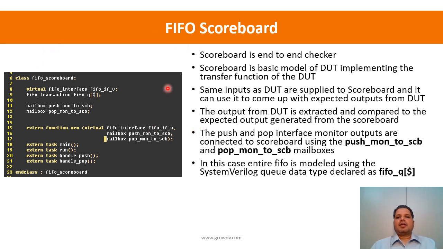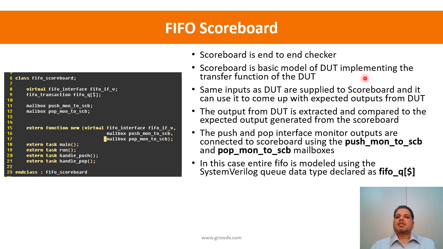Now let's look at the scoreboard. So scoreboard is an end-to-end checker. What that means is, if the data went into the FIFO, did it come out, and did it come out in the correct order, right? That is the end-to-end functionality. And the scoreboard is basically a model of the DUT itself.